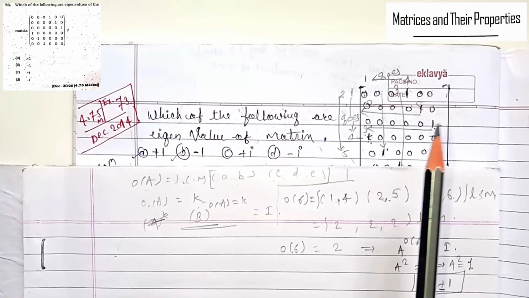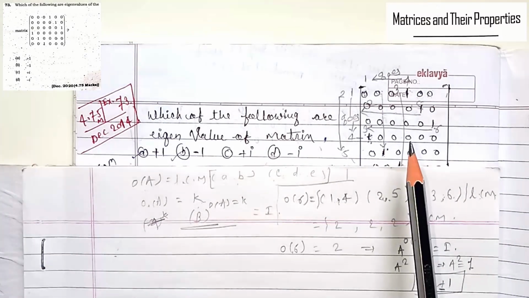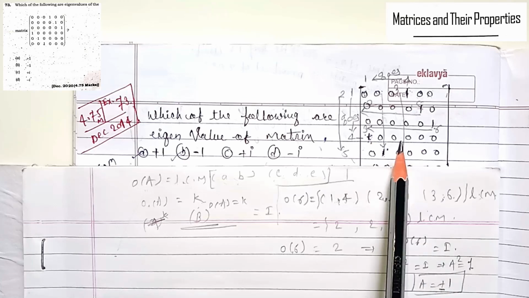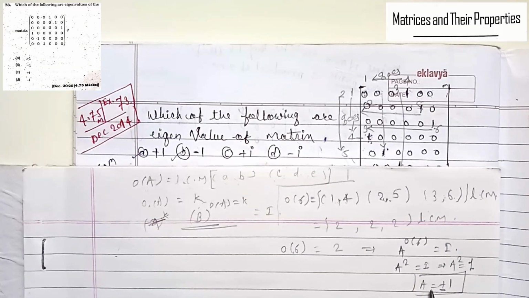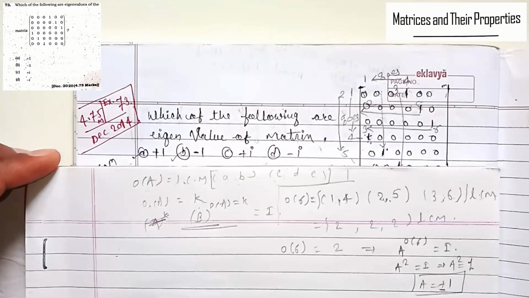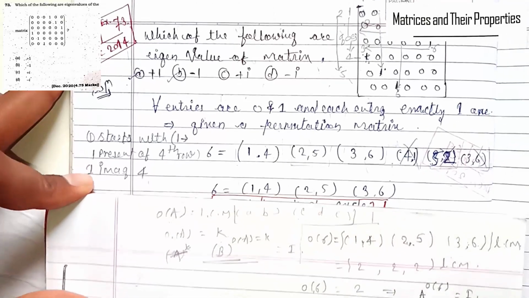For that you need to know some basic concepts, some standard types of matrices. Here we can get this solution in multiple ways. I found it using the order of different cycles. So I got the eigenvalues for our matrix, plus 1 and minus 1, which shows that option A and option B are correct.